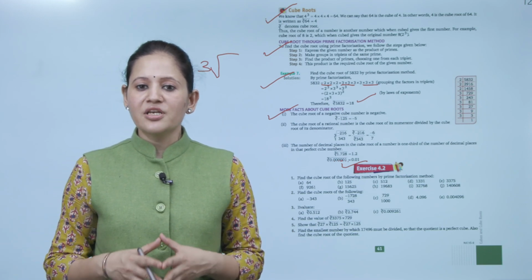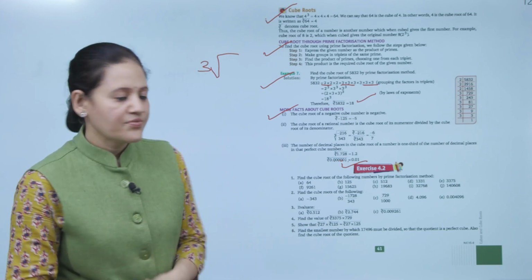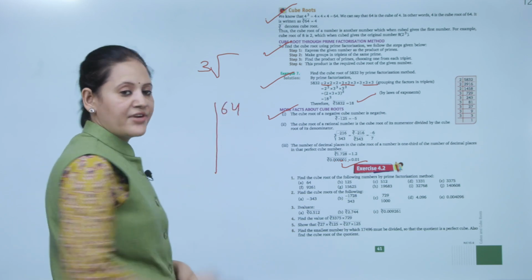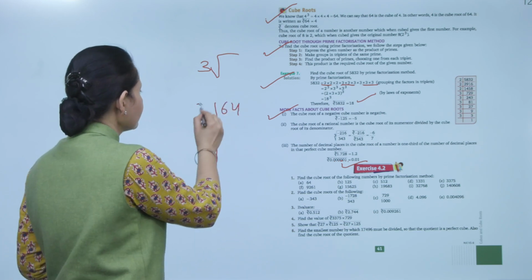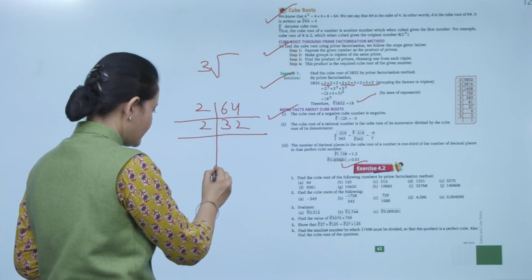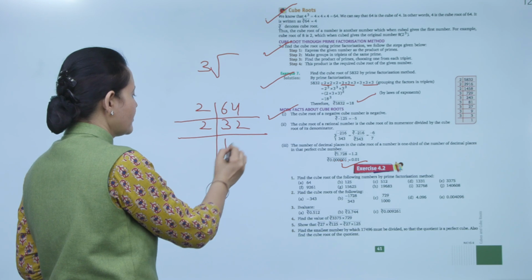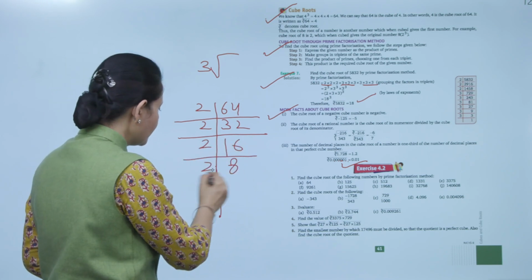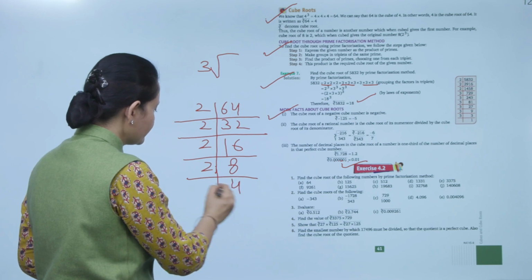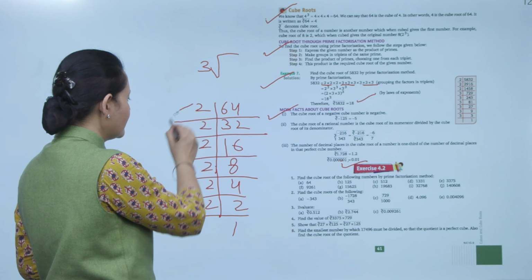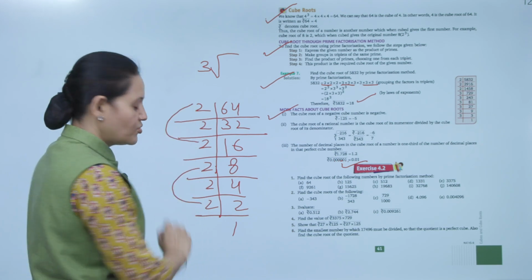Find the cube root of the following numbers by prime factorization method. First is 64. First, we'll find the prime factors of 64. Now we'll make triplets. 1 triplet, 2 triplet.